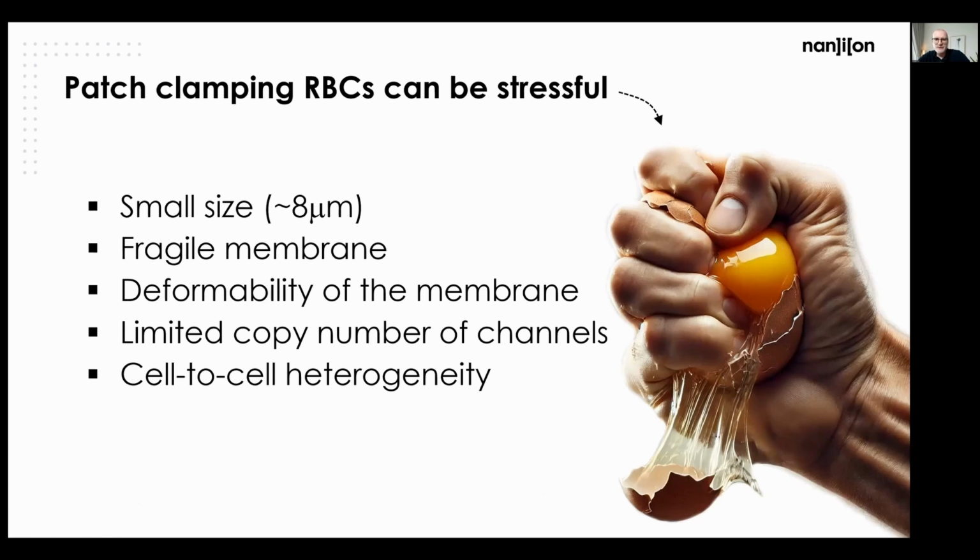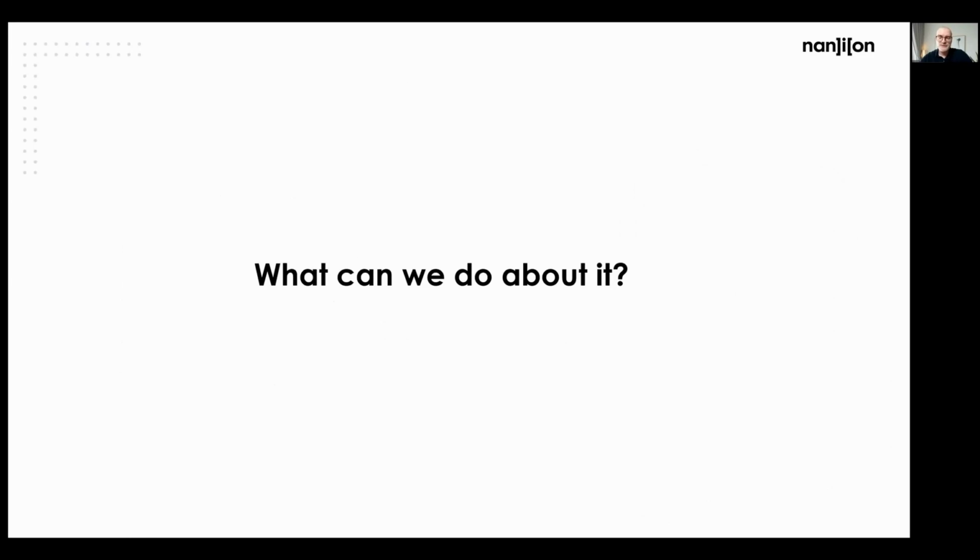But even if you manage to patch them, you will have to deal with a limited copy number of channels per cell and high cell-to-cell heterogeneity. So it can be really stressful to patch clamp red blood cells. And we all know that stress is not good for our health. So we need to do something to eliminate this stress. And the obvious and logical question here is, what can we do about it?